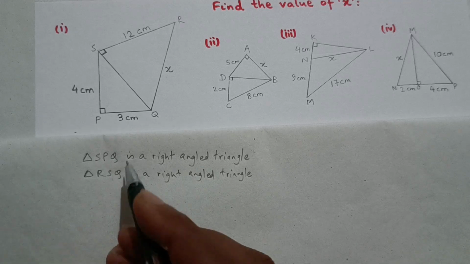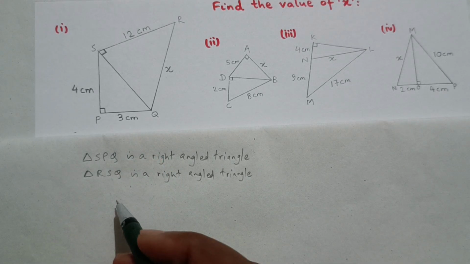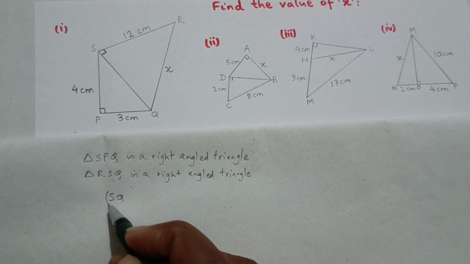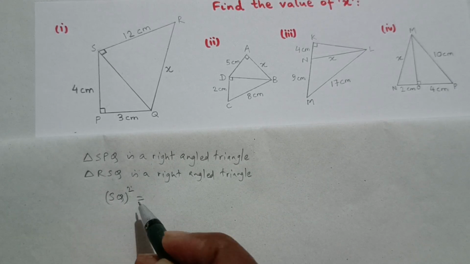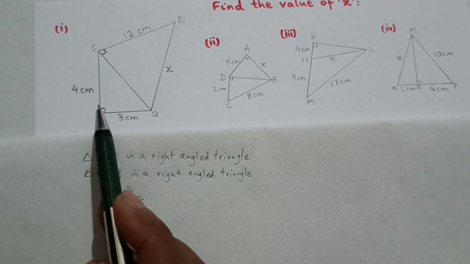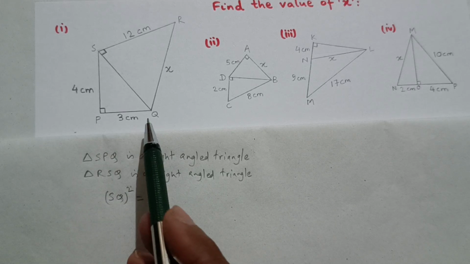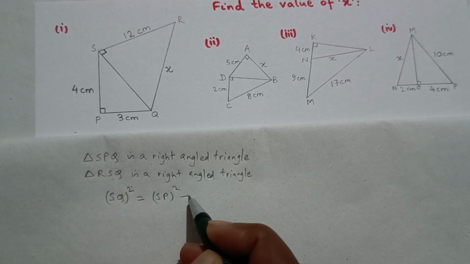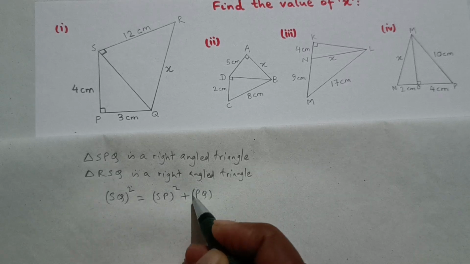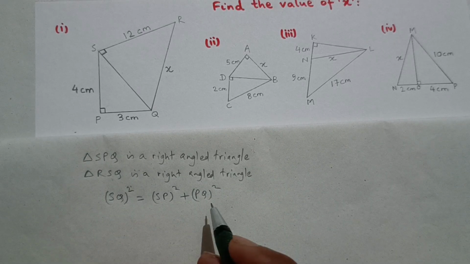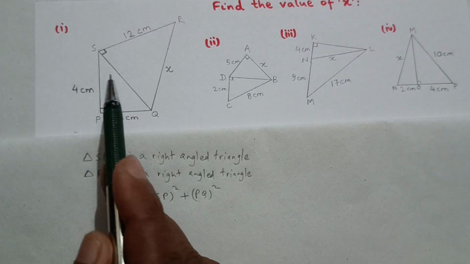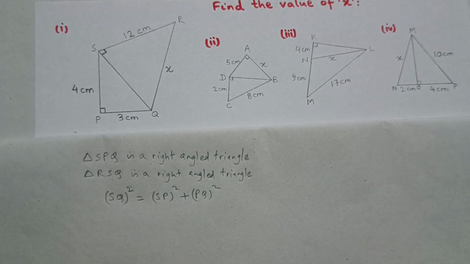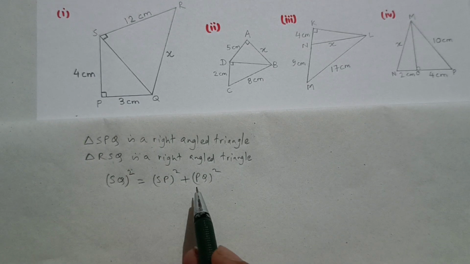So if we apply Pythagoras theorem, the hypotenuse square, SQ whole square, is equal to SP whole square plus PQ whole square. We are applying Pythagoras theorem in triangle SPQ, which is a right angle triangle. So this is what we get.